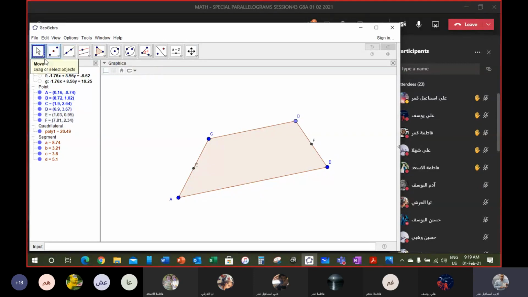E and F: E is the midpoint of AC and F is the midpoint of BD.